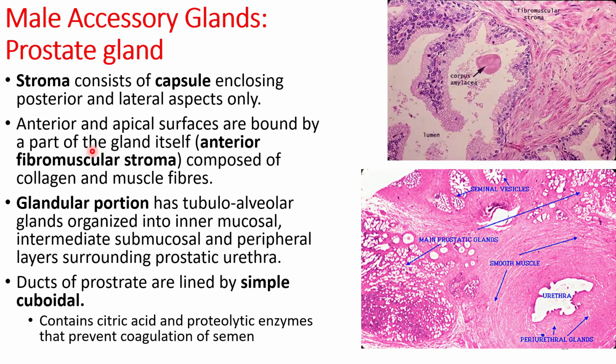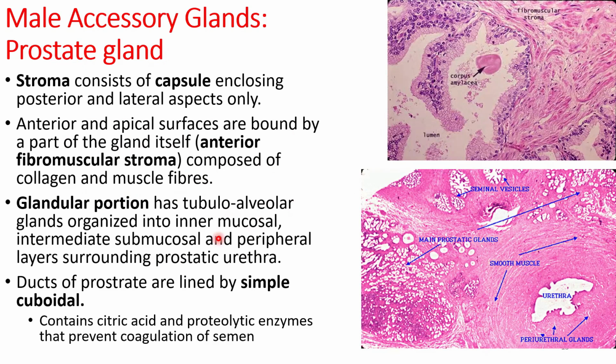So the anterior will be the anterior fibromuscular stroma. And then it will have a glandular portion, which is tubuloalveolar. That is important. So which type of gland is the prostate gland? It's a tubuloalveolar gland. Of course, it has various parts. Histologically, it has an inner mucosal bit, an intermediate submucosal bit, and a peripheral glandular bit.